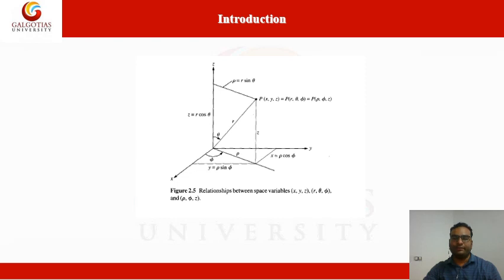In cylindrical we have rho, phi and z. But in spherical there is r, theta and phi. This figure is just for your recap, reminding where we were and from where we are starting.